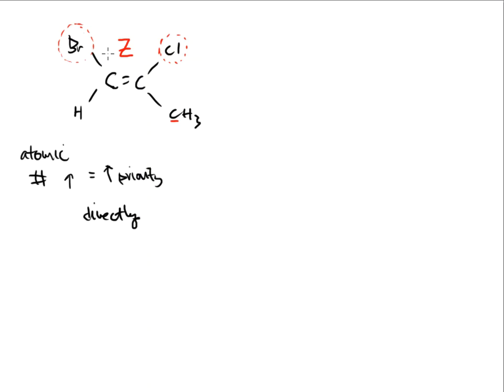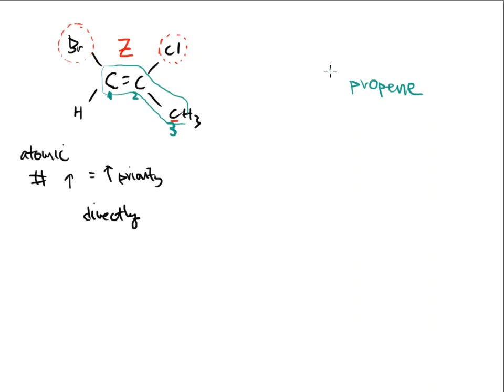All right, so let's see if we can name this thing, right? The longest carbon chain here is 1, 2, 3. 3 carbons. So 3 carbons is a propene. All right, so I don't want a number here because that's not closest to my double bond. I want a number there. So there's carbon 1, there's carbon 2, here's carbon 3.